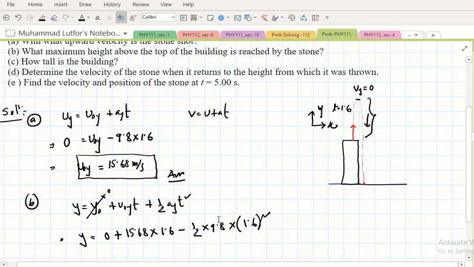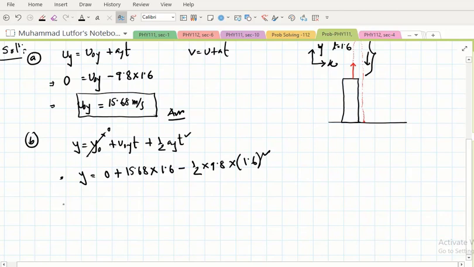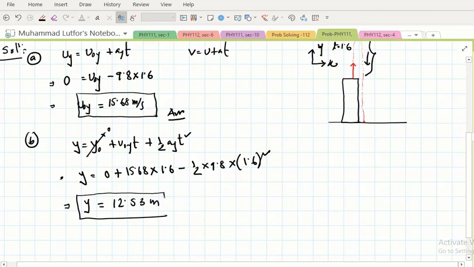If I do that, I find the value of y would be 12.53 meters. So this means the stone reached 12.53 meters above the top of that building.